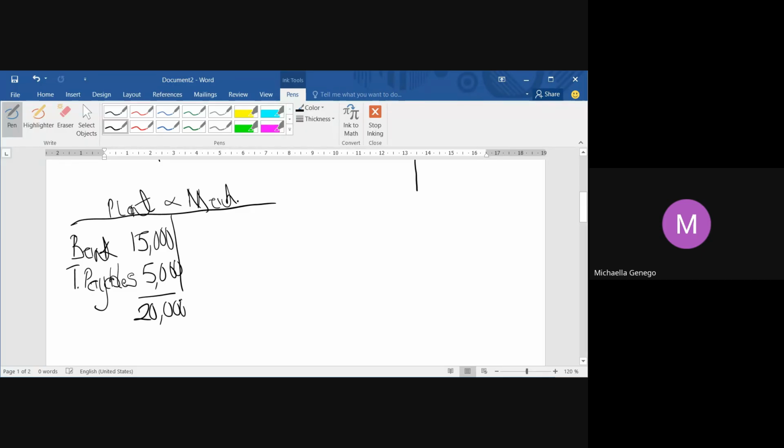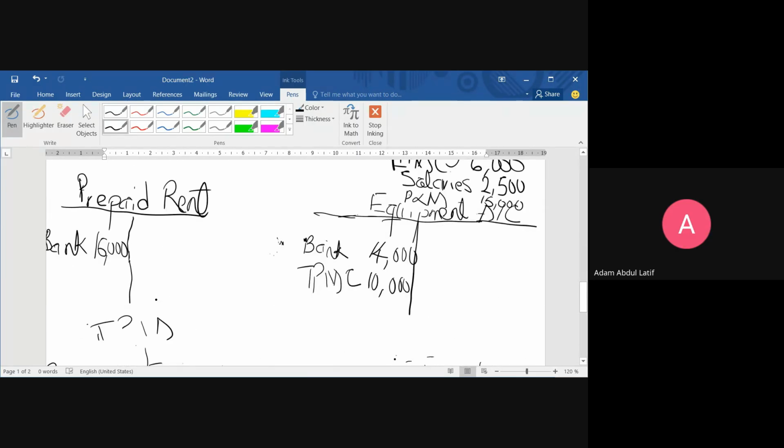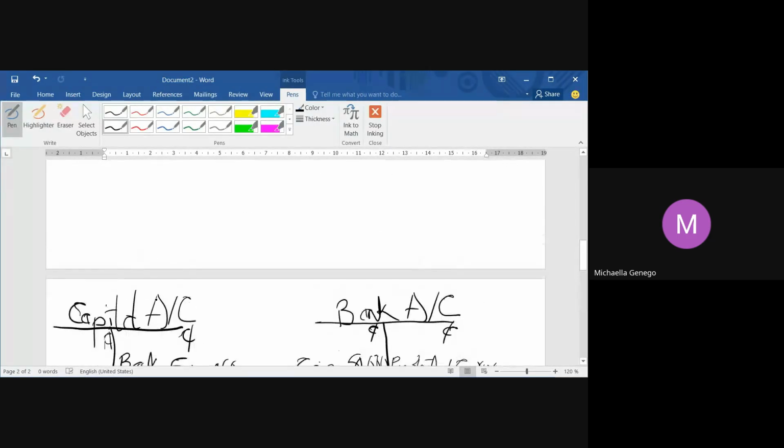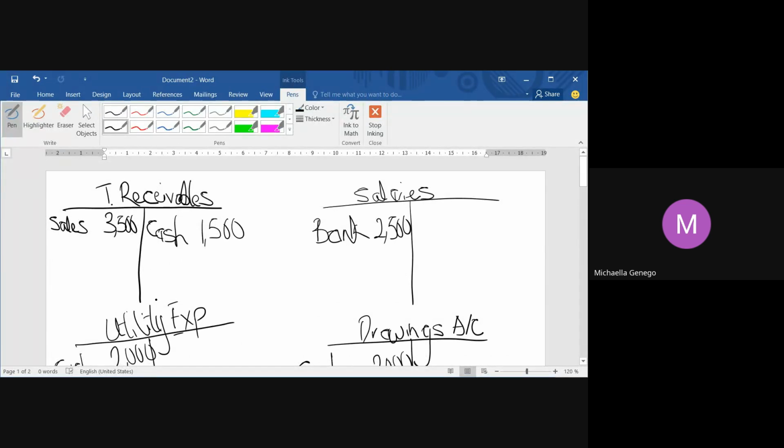If you record only 20,000 in one account, you will be wrong. So we have to credit our trade payables account. Plant and machinery, 5,000.